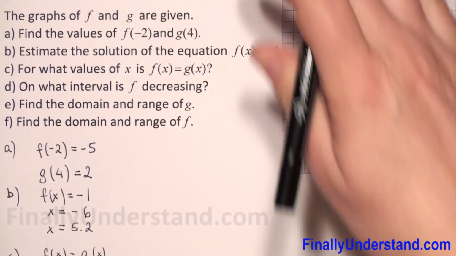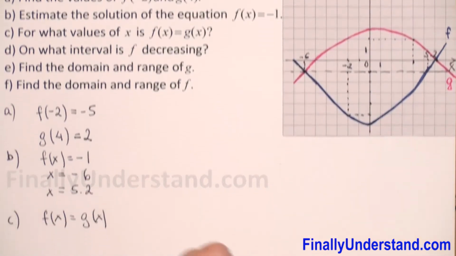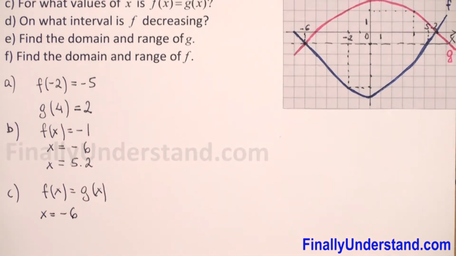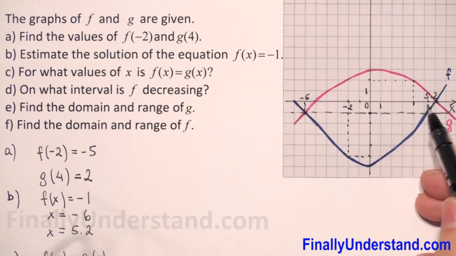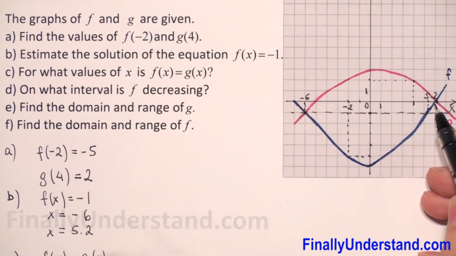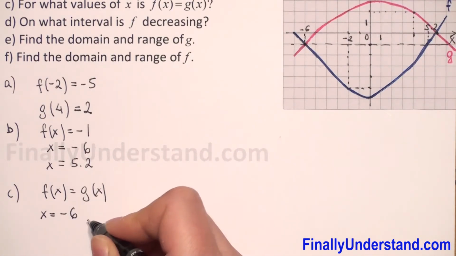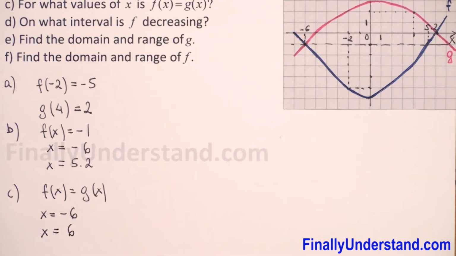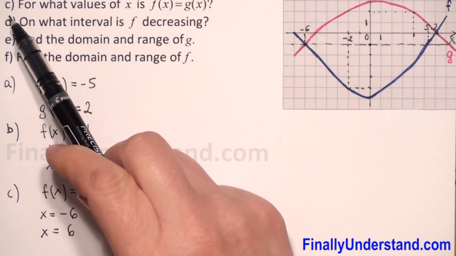For x equals negative 6, and this point will be, we have 5, it's almost 6, we can say. So the second solution will be x equals 6. So we did the third question.